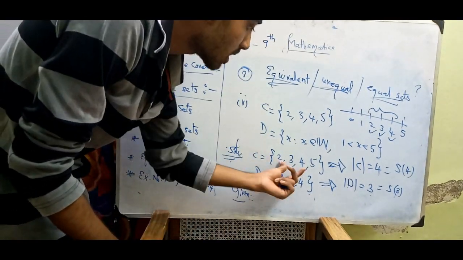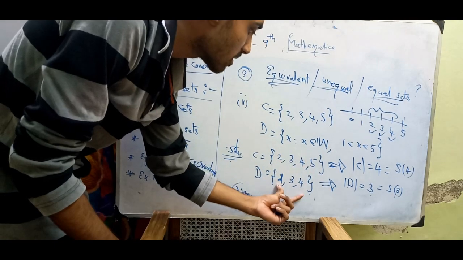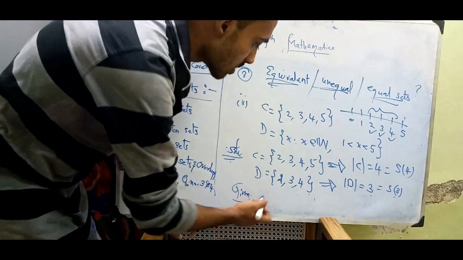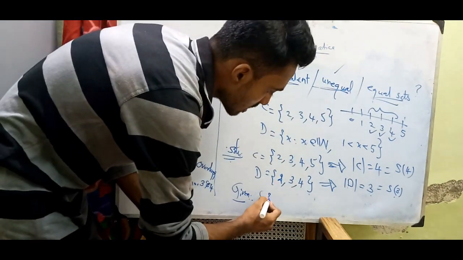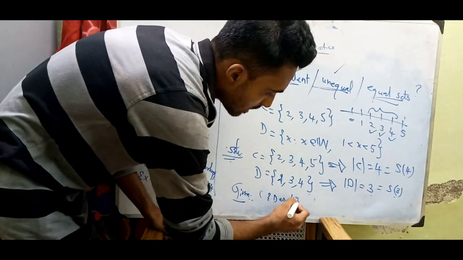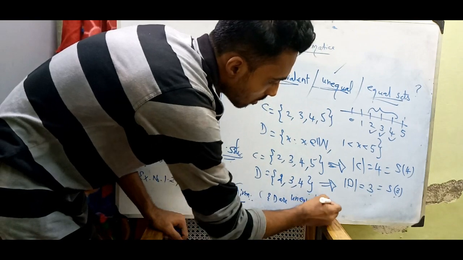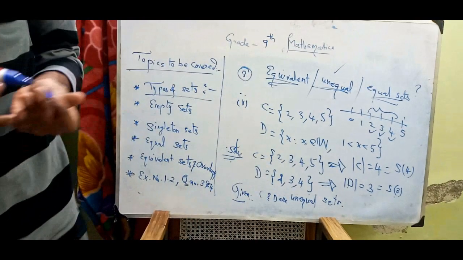Also you can say the number of elements appearing here and here is not equal, so there is no same potential. That is why I say C and D are unequal sets.